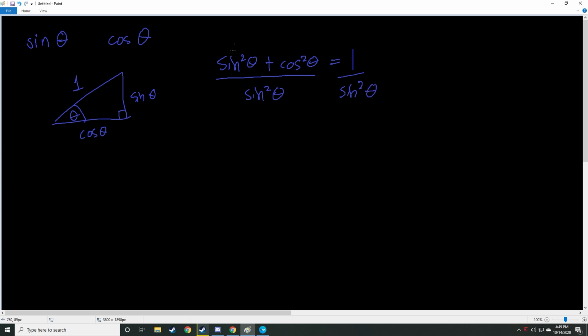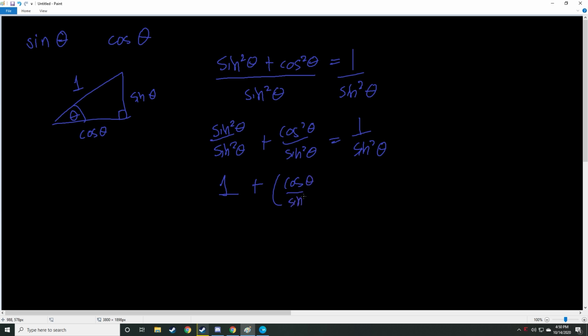So let's work this out, simplify it. So that's sine squared theta over sine squared theta plus cosine squared theta over sine squared theta is equal to 1 over sine squared theta, right? Okay, sine squared theta over sine squared theta, that's just equal to 1, right? Plus, this is equal to cosine theta over sine theta, squared, right?